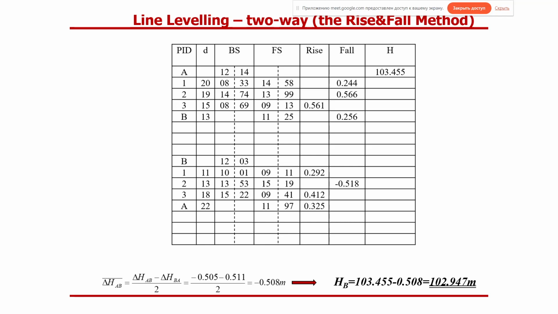In the survey departments, we often make the two-way leveling. It means that we go the line from A to B in one direction and backward in another direction.